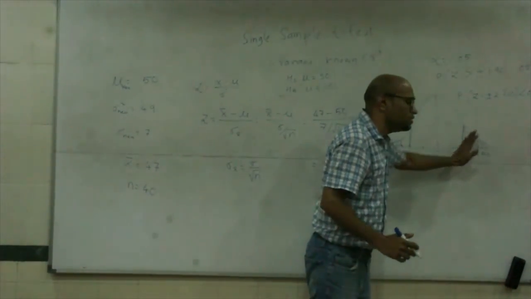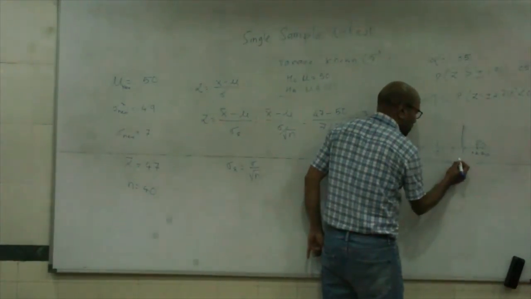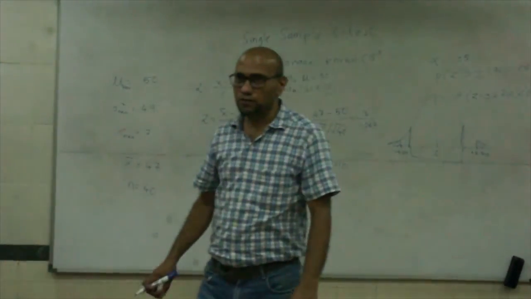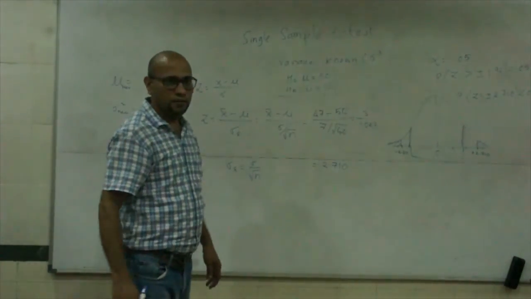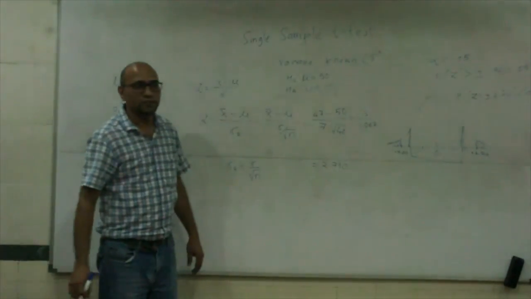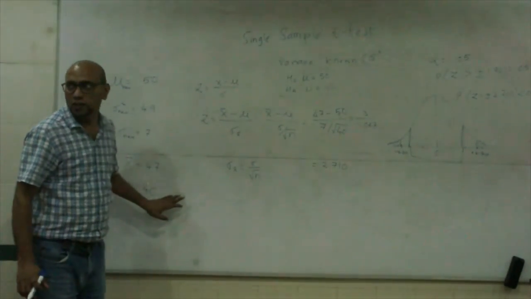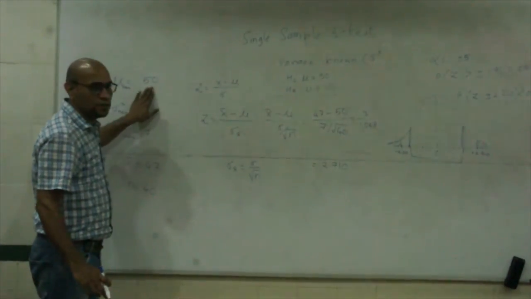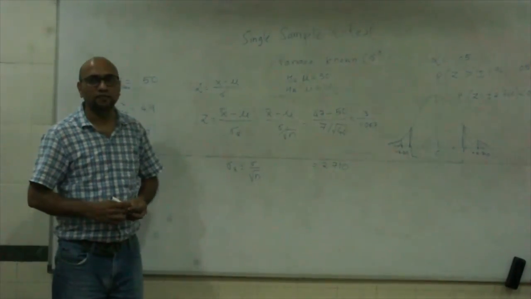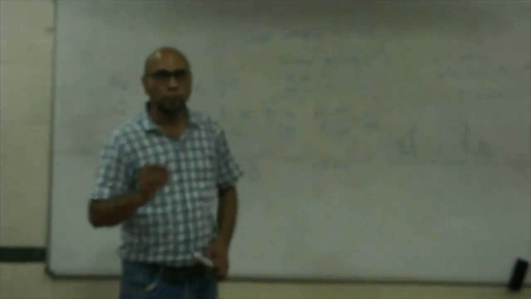I would say that it has come from a population that has mean 50 when z falls between negative 1.96 and positive 1.96. Since it has fallen outside, I will say it comes from a population that does not have a mean 50. This is single sample t-test with population variance known.